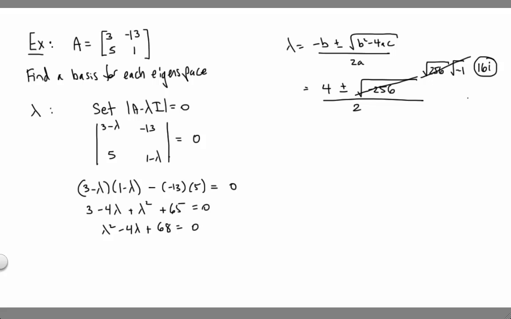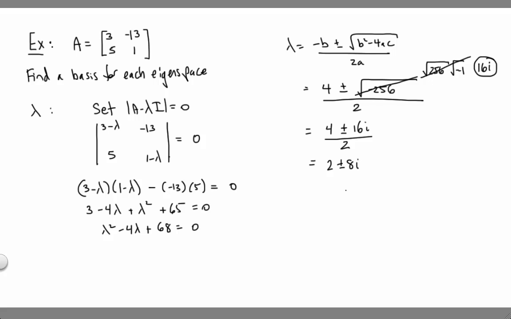So what we end up with here is just 16i. And so that's telling us that our lambda values are 4 plus or minus 16i, because that was just that root that we simplified, and that's all over 2. So dividing both terms here by 2, 2 plus or minus 8i. So those are our eigenvalues.